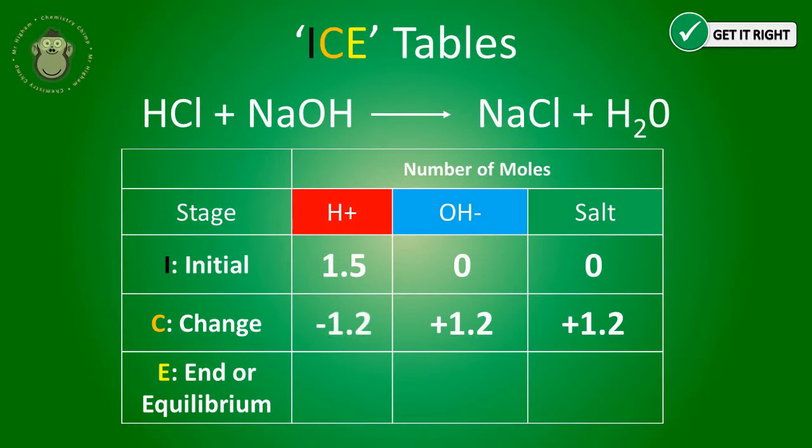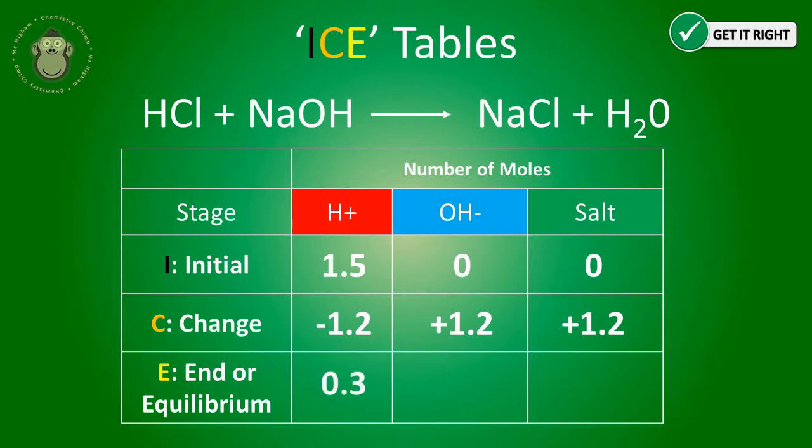And then all we're left with is to determine how many moles were of H plus ions, OH minus ions and salt. We have the answers in the table. So we focus on the H plus ions first. We've got 1.5 moles of H plus ions. We react 1.2 moles of that, so we minus 1.2 and we're left with 0.3.